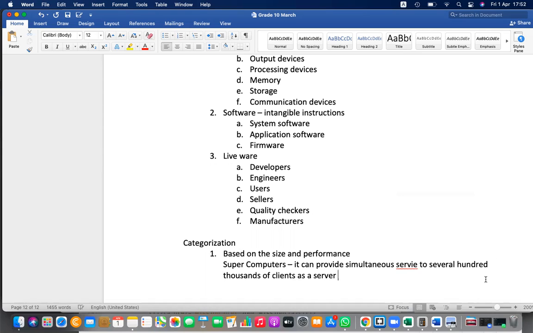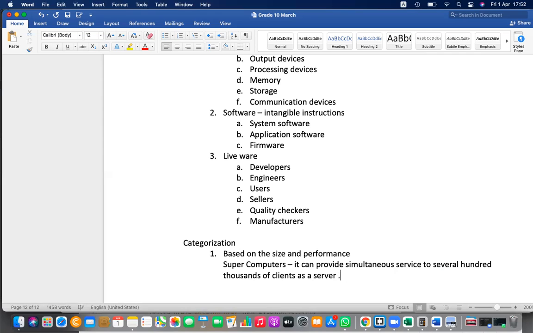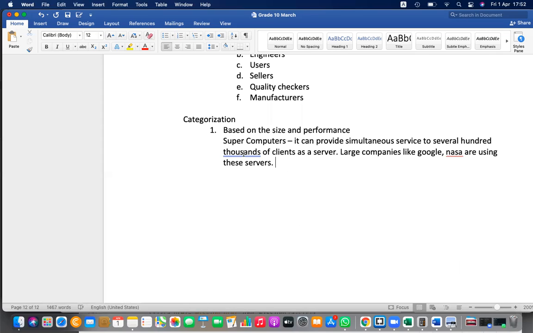So these are basically called server computers because they provide a service. Large companies like Google and NASA are using these servers. Several 100,000 of clients, so a very large amount.